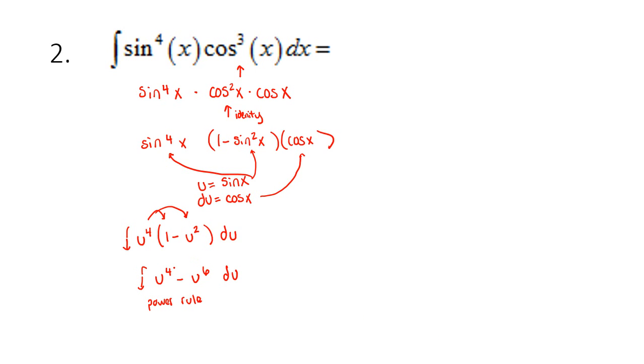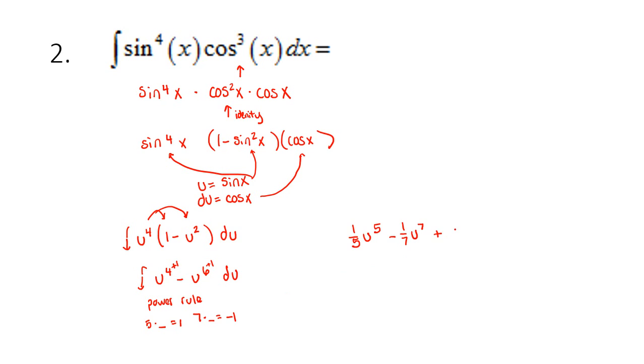So if we add 1 to the 4 and then divide by it, because we're trying to get it to be equal to 1, we have 1/5 u to the 5th power. Same thing here. If we add 1 and then divide by it, because we're trying to get it equal to -1, then we have -1/7 u to the 7th power.